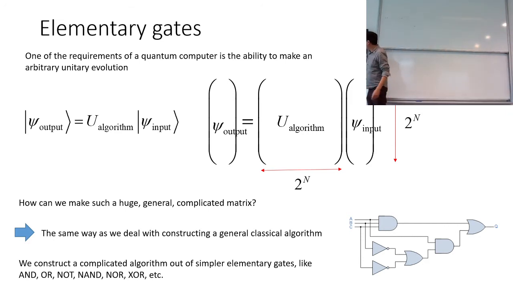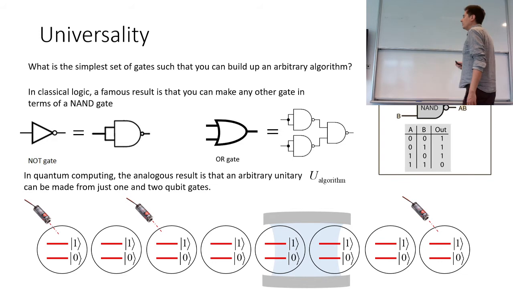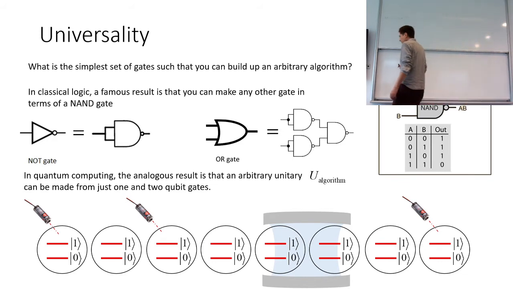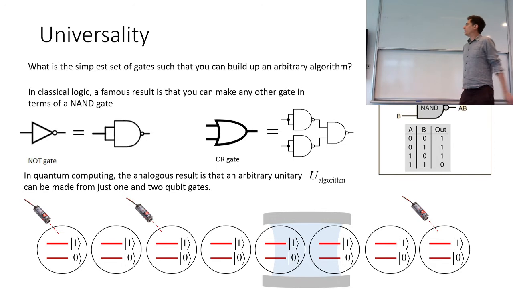Classically, that's what we do. Quantum mechanically, that's also what we're going to do. We're going to make quantum gates that do these elementary steps, and then we combine things up to make something more complicated.